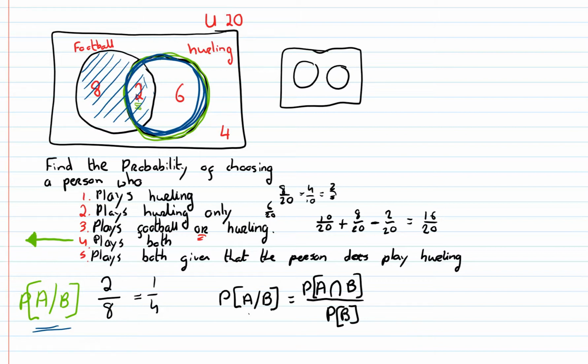Let's have a look. A intersection B is 2. And the probability of B, there it is here, is 8. And that's 1/4. Okay? So hopefully that makes sense.